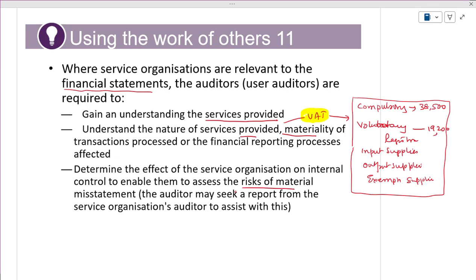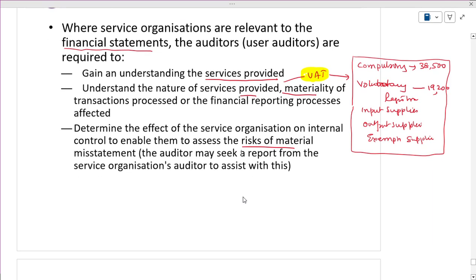The message I want to convey is, if you are hiring service organizations, again you have to see the accountability, the responsibility, the competence, the objective of the service organization. We cannot just blindly give any activities to the service organization and rely on their work.